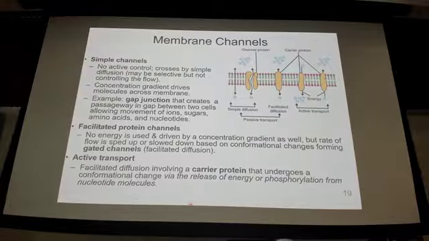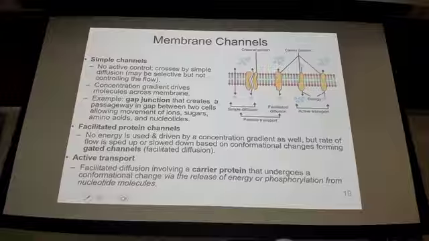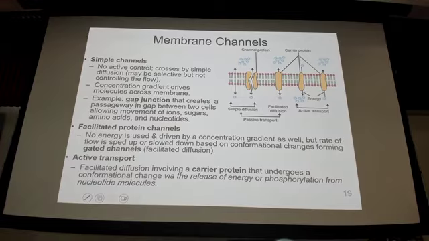And then active transport, we know, uses that carrier protein undergoing conformational change in order to get molecules across the membrane against their concentration gradient using energy.